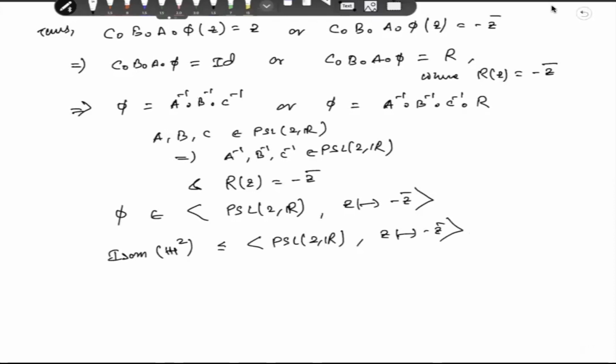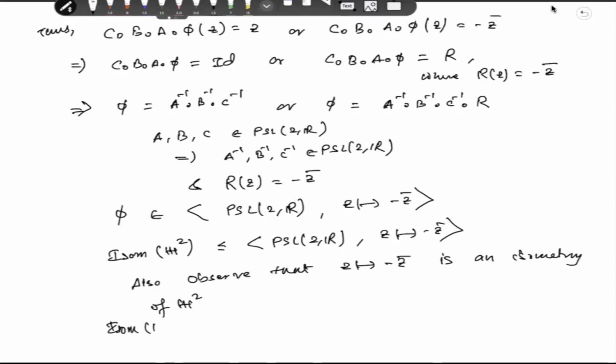Also observe that this reflection map is an isometry of the upper half plane, and we have also seen that PSL2(R) is a subgroup of the isometry group of the upper half plane. Therefore, the isometry group of the upper half plane is the group generated by PSL2(R) and this reflection map.